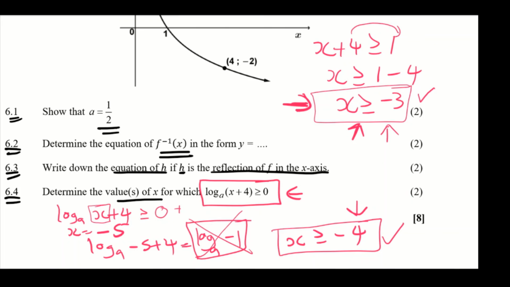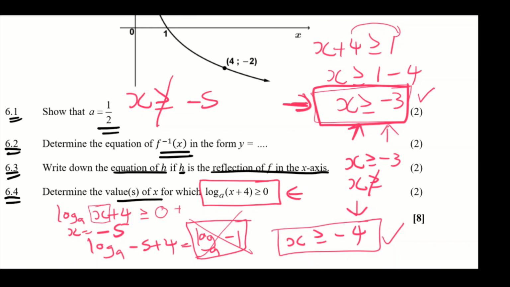So it tells you now that this solution of x here that we found, being greater than or equal to -3, should not exceed -4. So x being greater than or equal to -3, right? But x must not be, let me write it properly, x must not be less than or equal to -5.